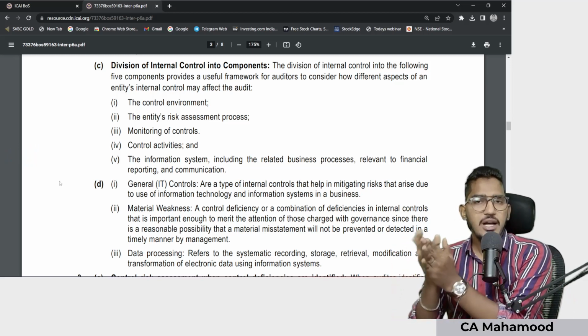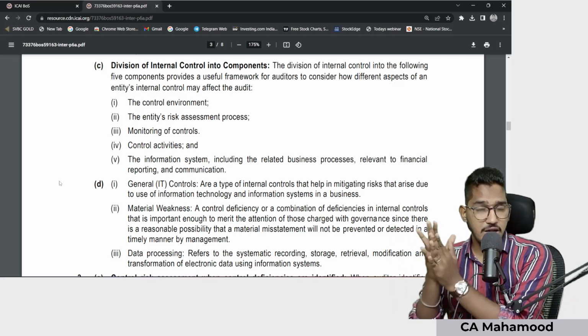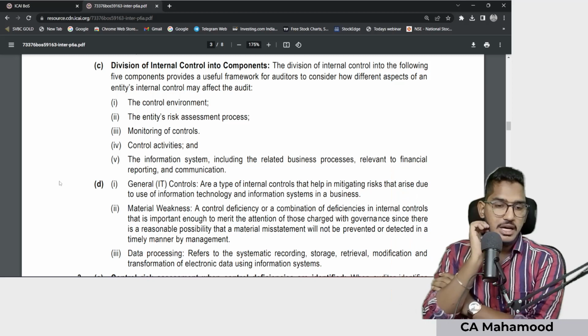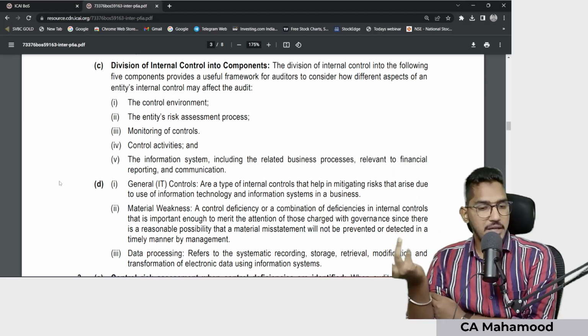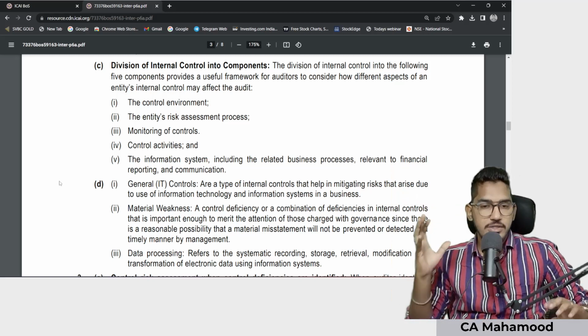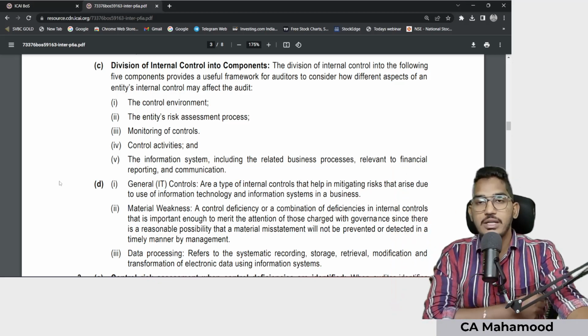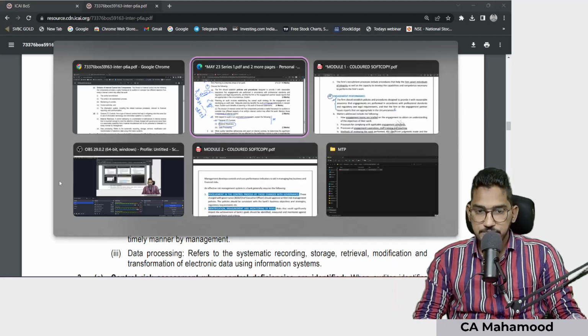Simply, if I have to put it, a big weakness in the internal control which is big enough to bring it to the attention of those charged with governance, that we call material weakness. That's all. A bigger deficiency which is big enough to bring it to the attention of the management, that we call material weakness.